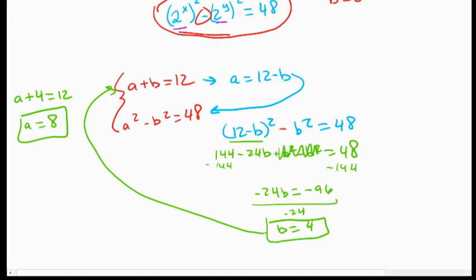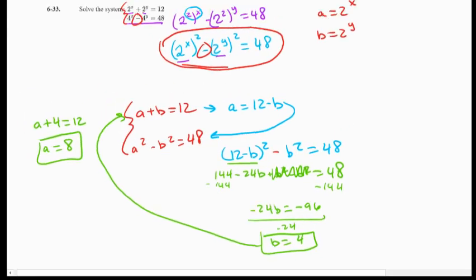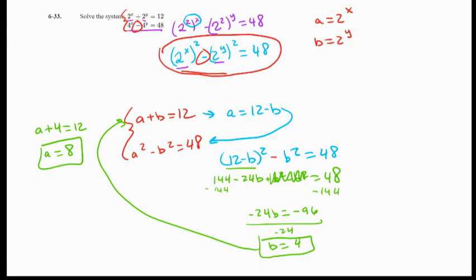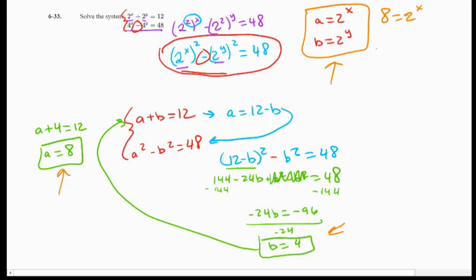I have a and b, but remember back from my original problem, a and b are equal to these things here. So I'm going to take my a value and my b value and plug it into this situation here. So 8 equals 2x, and then 4 equals 2y.